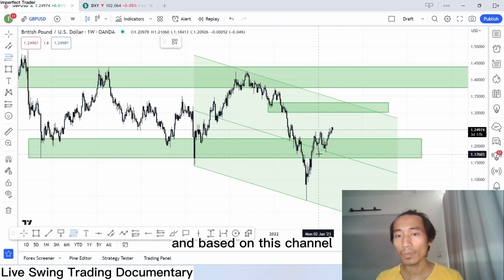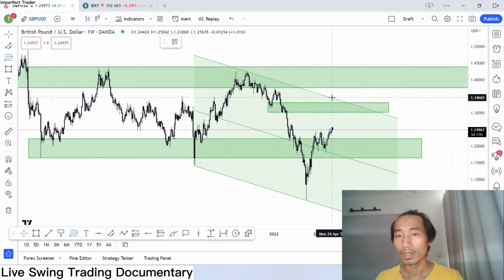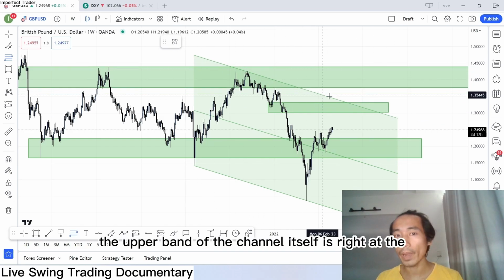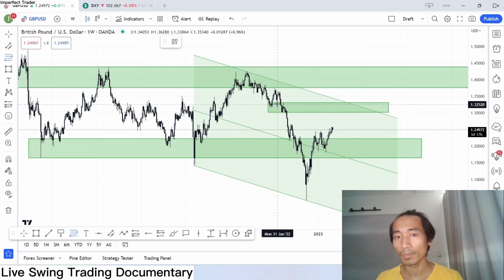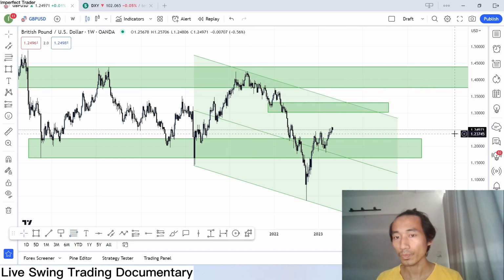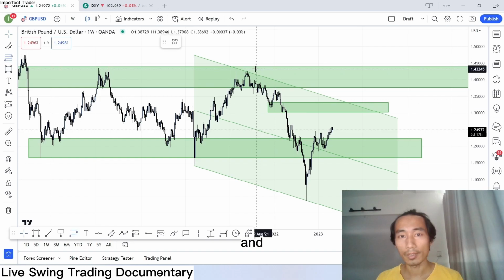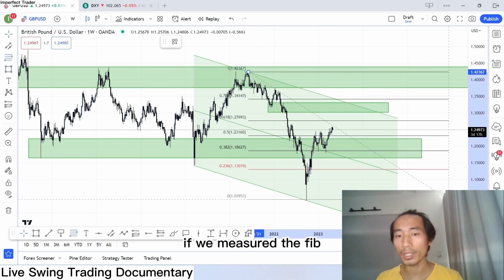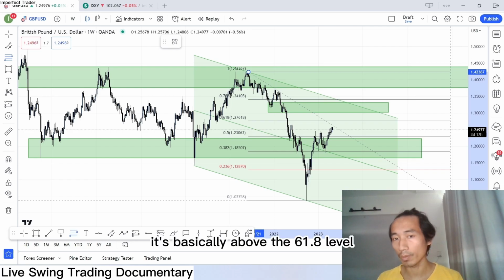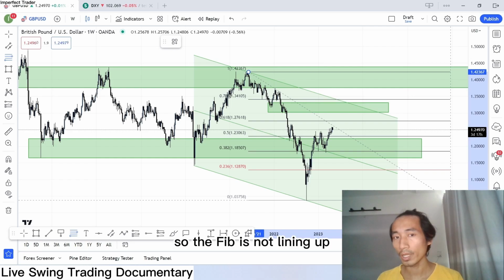Based on this channel, the trend line up here, the upper band of the channel itself is right at the resistance level of the weekly time frame. If we measure the fib, it is basically above the 61.8, so the fib is not lining up.